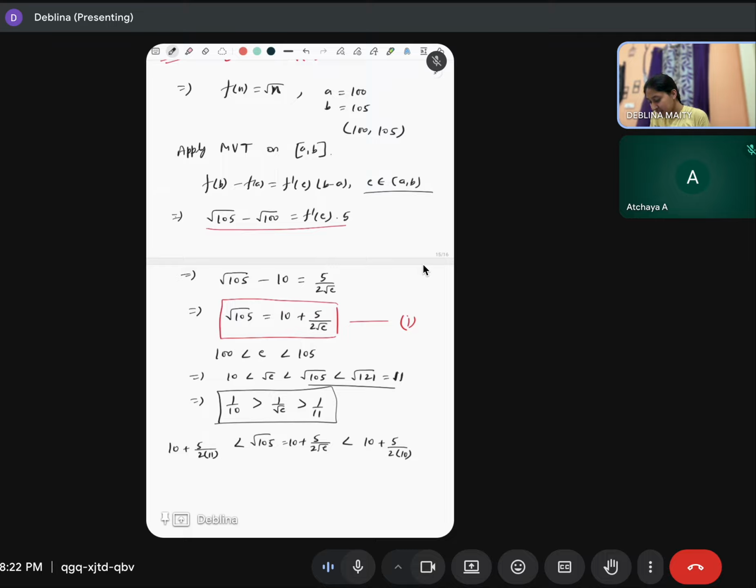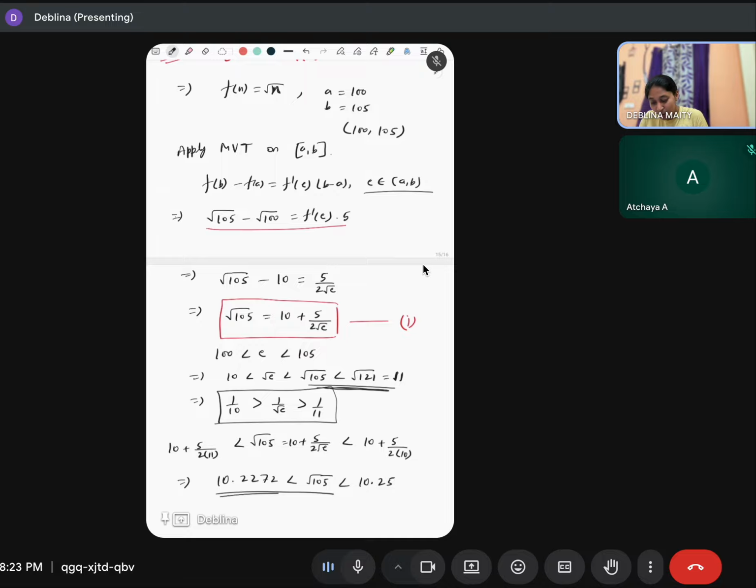Now if you calculate this number, it will be 10.227 and it will be 10.25. So see this, since we have taken 11 in the bound of root over 105, the difference is very big, right?